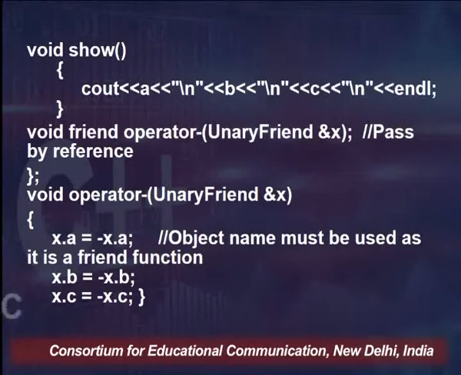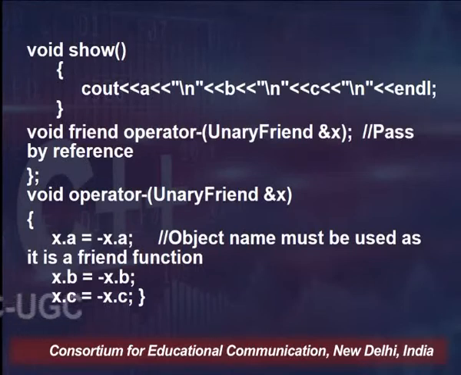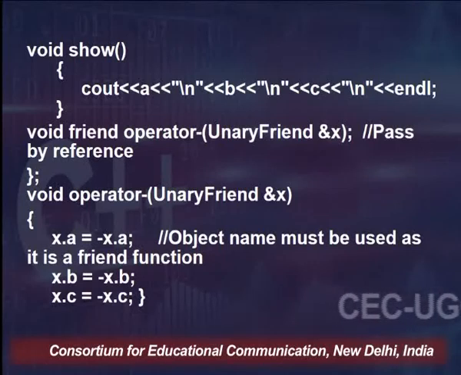Let me quickly recap it here: we actually don't want to create a duplicate object of this x. We actually want x itself to be passed to this operator overloading function. So that's why it is being passed by reference.